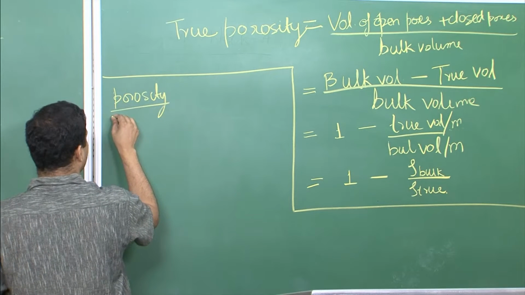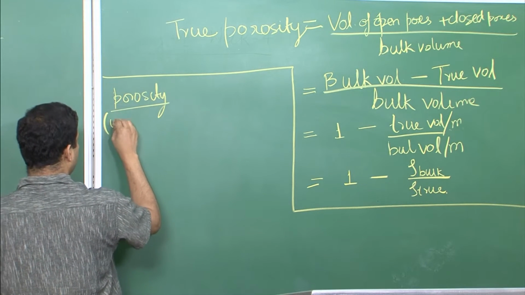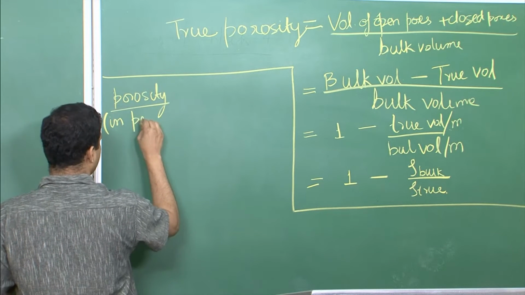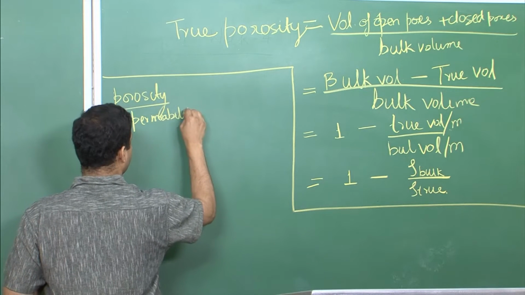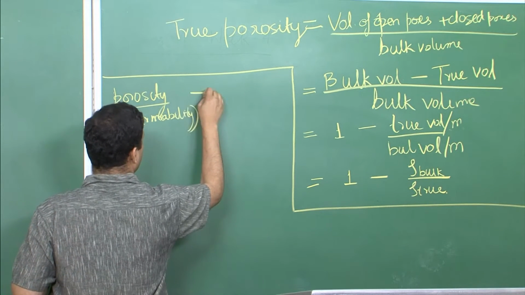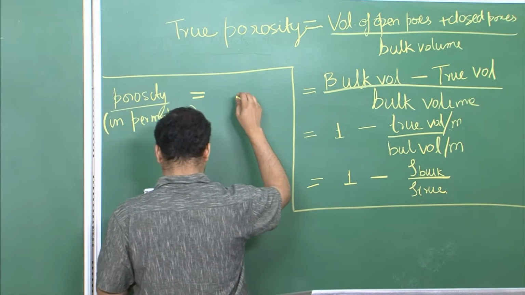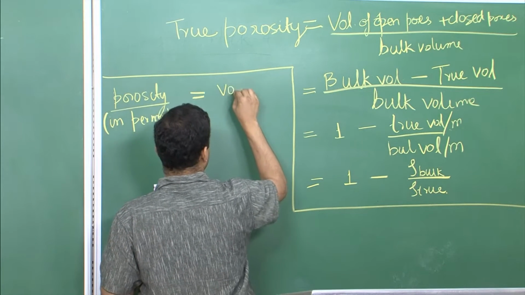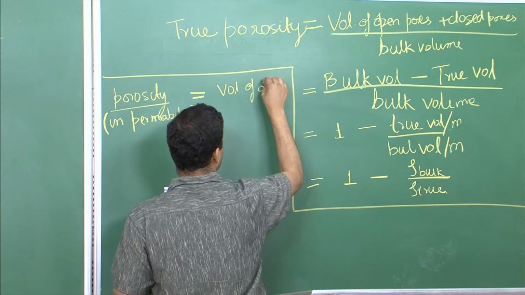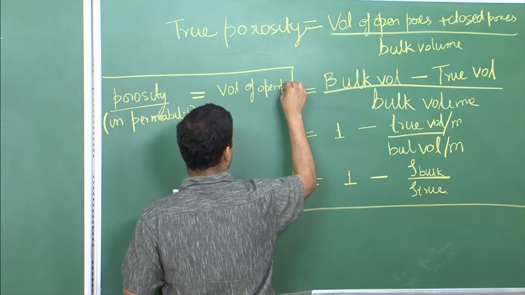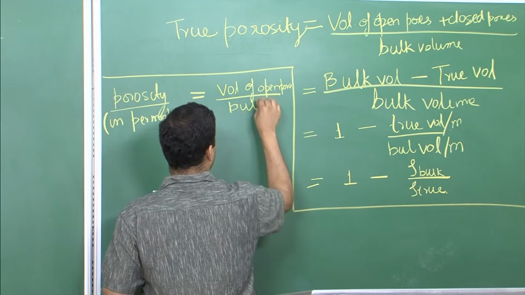So let me classify or refine it here. In permeability, this porosity is equal to, we can take away the closed pores and have only the open pores, divided by bulk volume.